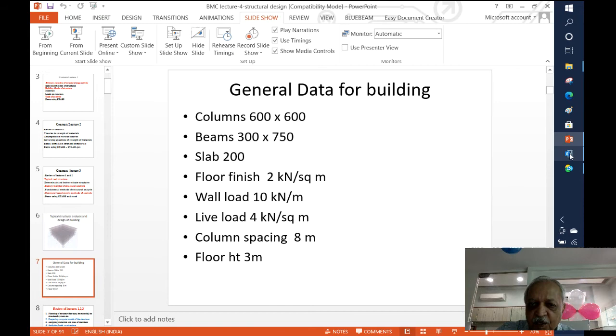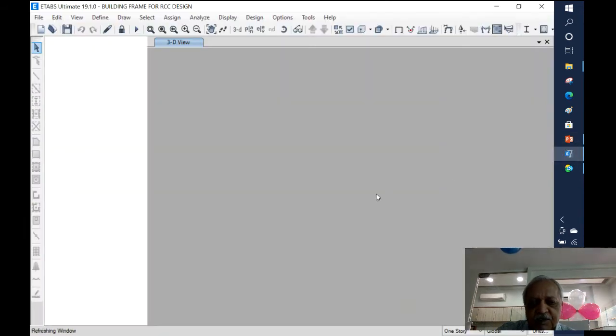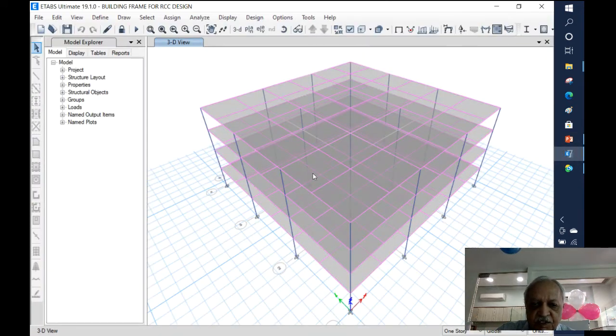So this typical model which we have taken for this building involves simple data feeding to the computer, because our objective is to analyze the structure and determine the forces in the members. For that purpose, you have to have a structure with these various components, like columns, beams, and so on.